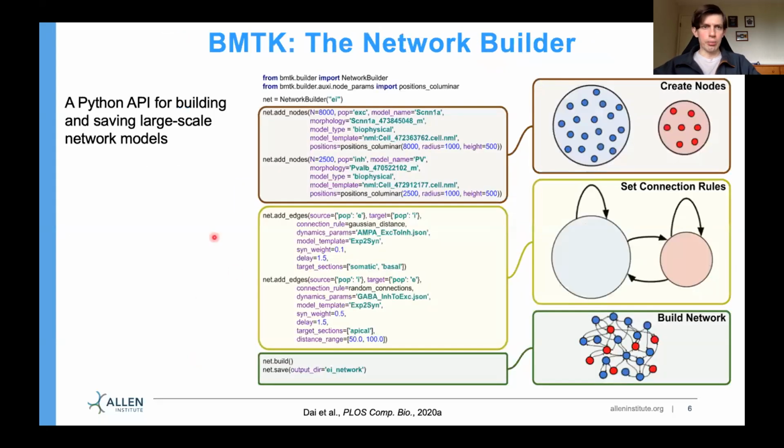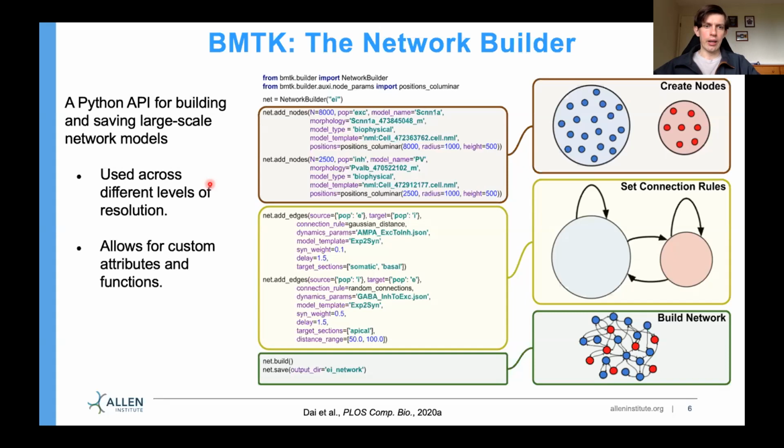So let's talk a little bit about the details. In terms of the network building, we provide here in BMTK a Python API for building and saving large-scale network models. We can use that across different levels of resolution, for biophysically detailed, point neuron, or population statistical models.